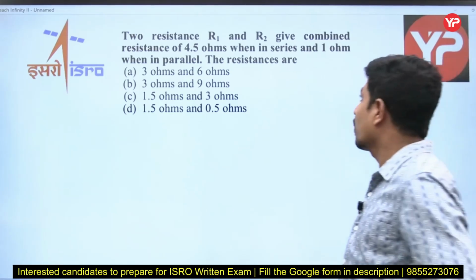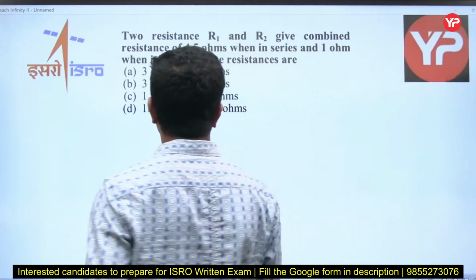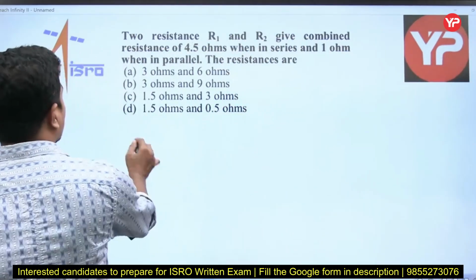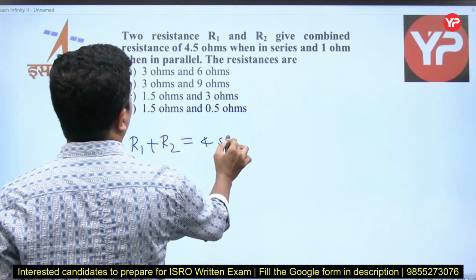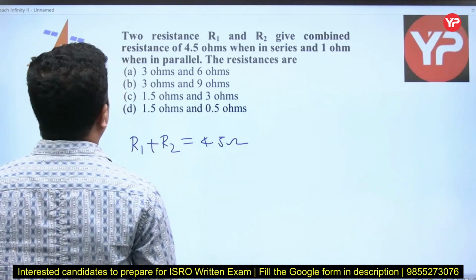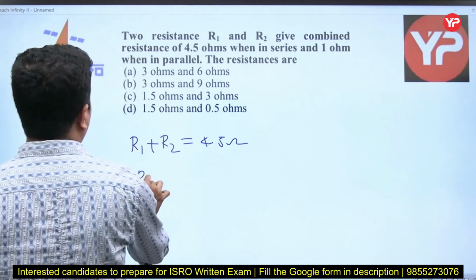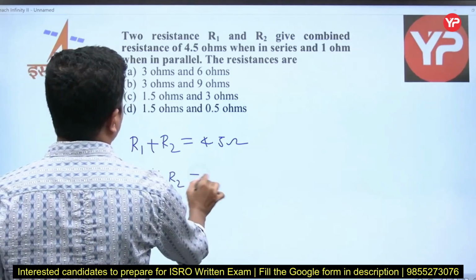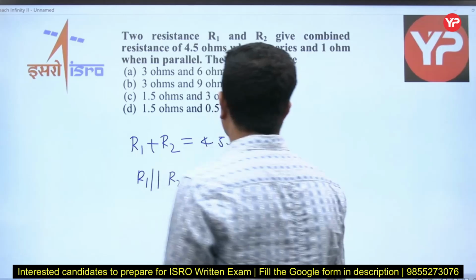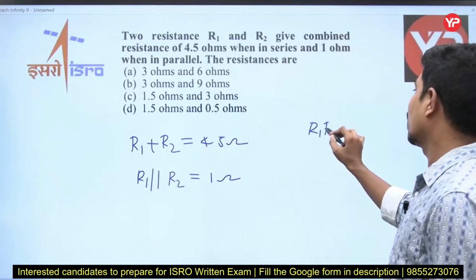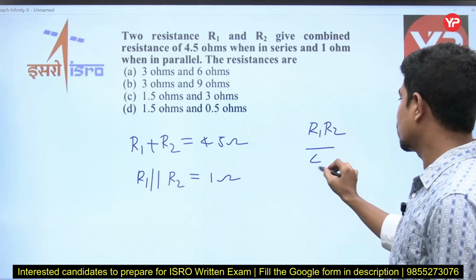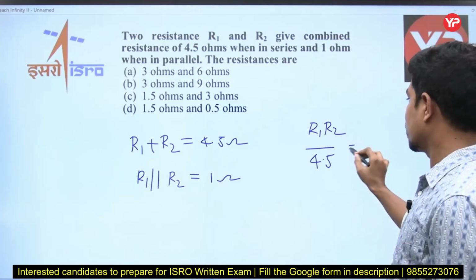Two resistances R1 and R2 give combined resistance of 4.5 ohms in series, so simply R1 plus R2 is equal to 4.5 ohms. And in parallel they give 1 ohm, so R1 in parallel with R2 is R1 R2 by R1 plus R2 equal to 1.